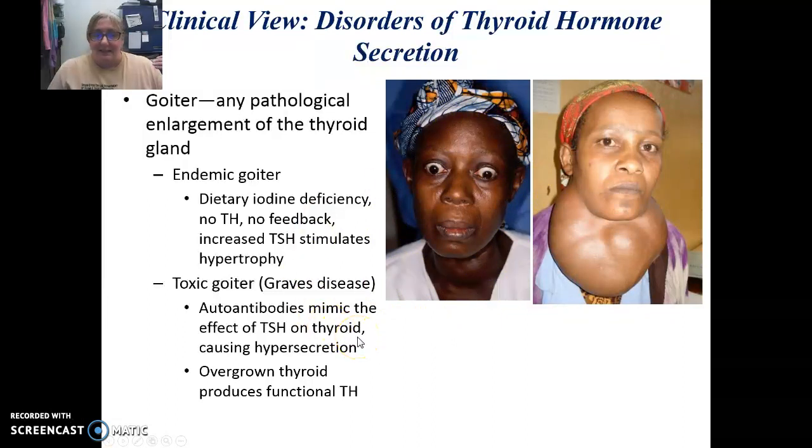Does that make sense to everybody? So we have endemic goiters and toxic goiters. This is an autoimmune disorder. This is typically seen in a nutrient deficiency or iodine deficiency.